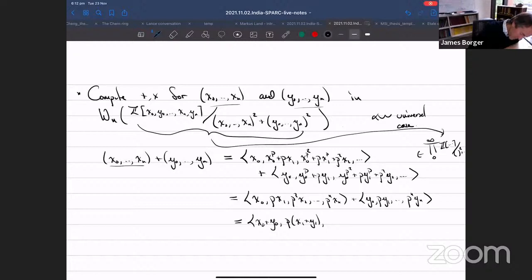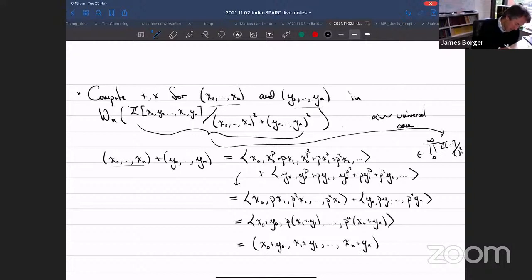But then this is exactly by the same argument as we did to go from here to here. This is the image under the ghost map of x0 plus y0, x1 plus y1, xn plus yn.